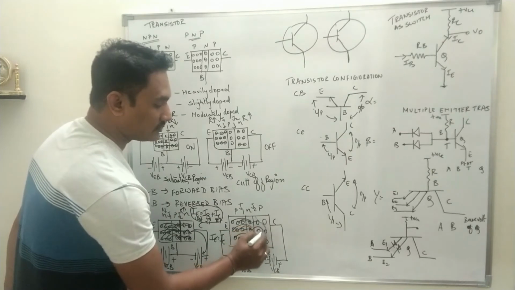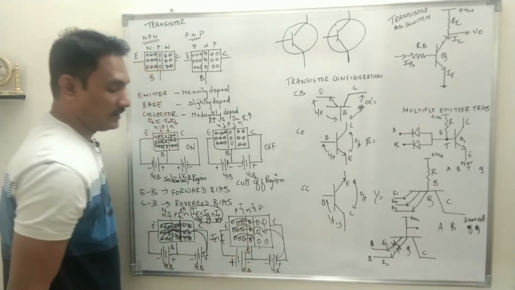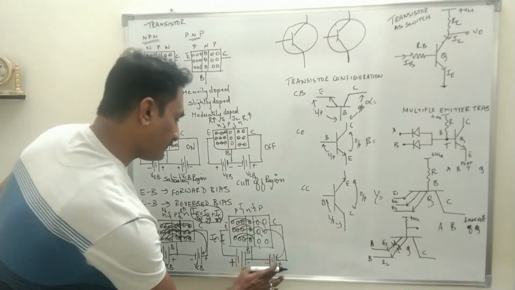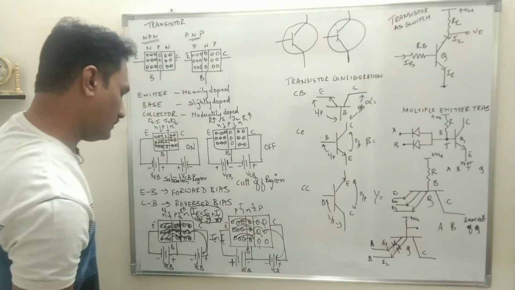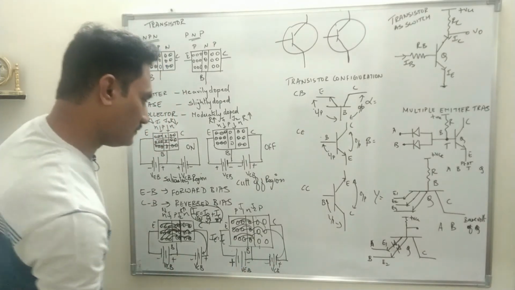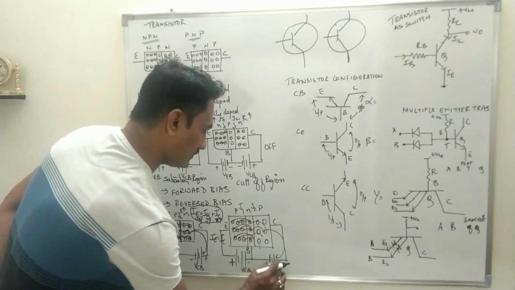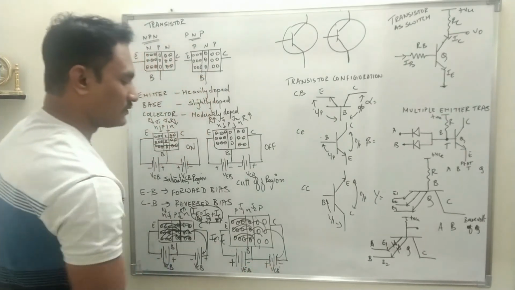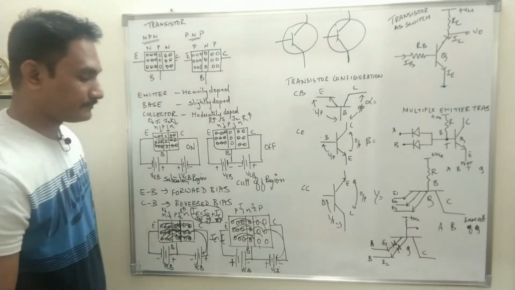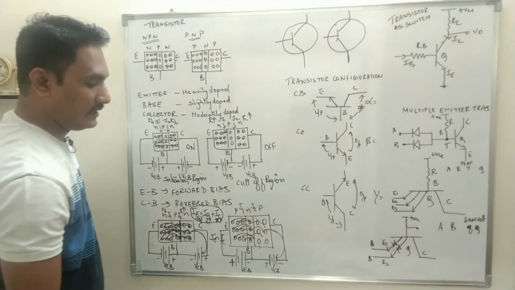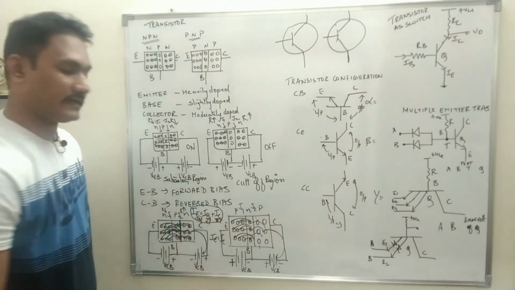Remaining all the holes will enter into the collector and get attracted by the negative terminal, because it is reverse biased, N connected to positive and this is negative. So holes will be attracted towards the negative terminal. So that will constitute the collector current IC.